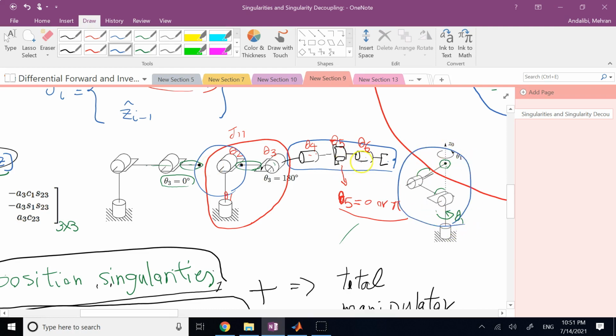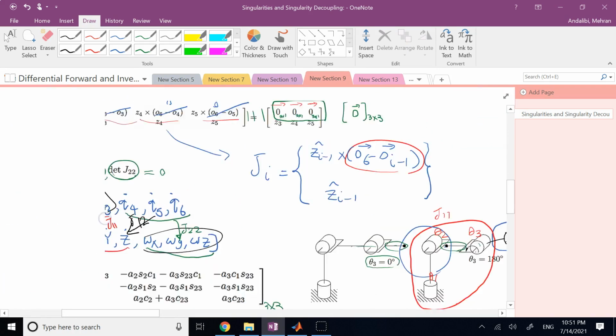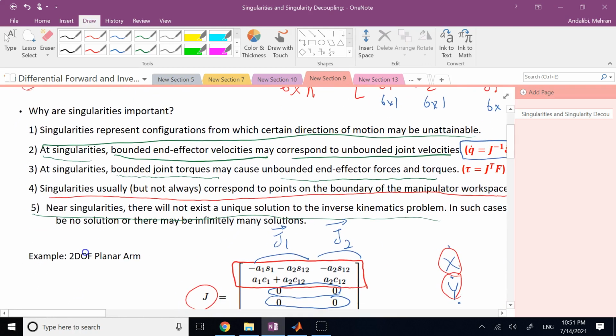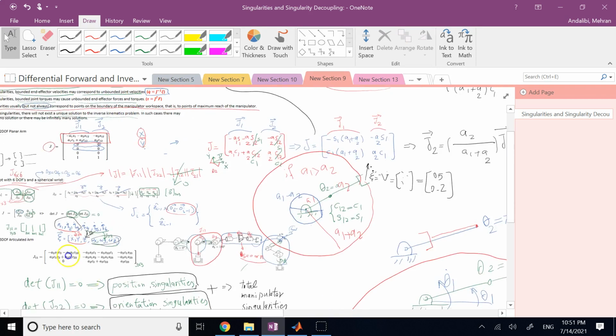Here, theta 5 and 3 can be arbitrary. So these last 3 joints that are going to be mounted on the wrist can have arbitrary angles, so your end effector might end up even here after these 3 joints. And clearly now it is not on the boundary of the end effector workspace. So this configuration corresponds to a point within the workspace. We usually say singularities are on the boundaries, but sometimes they are inside the workspace, and that is exactly this last case.